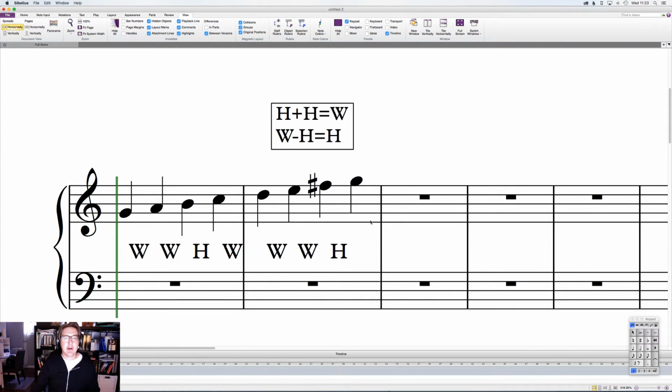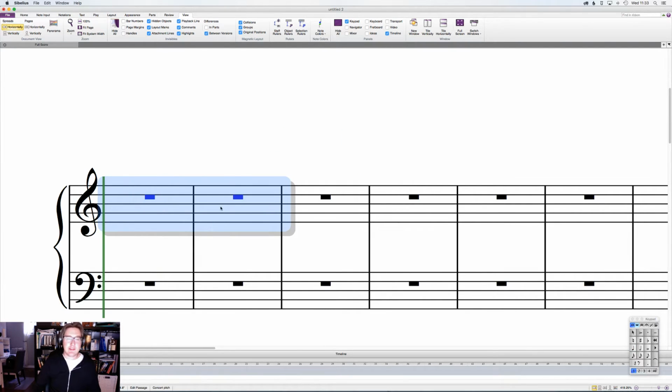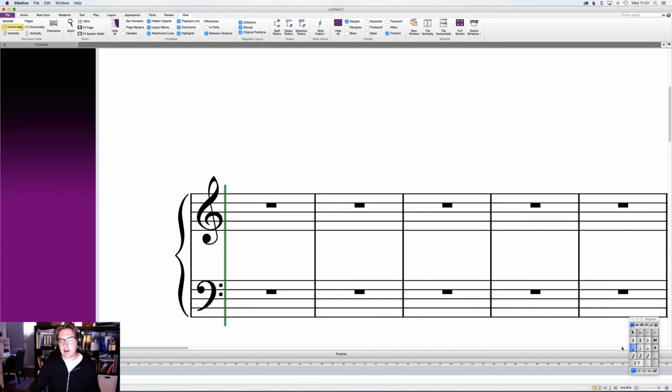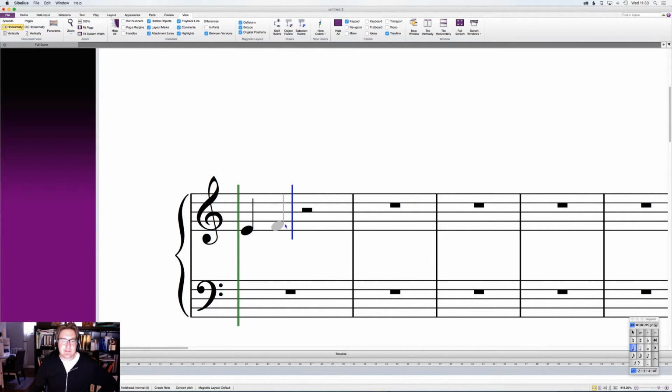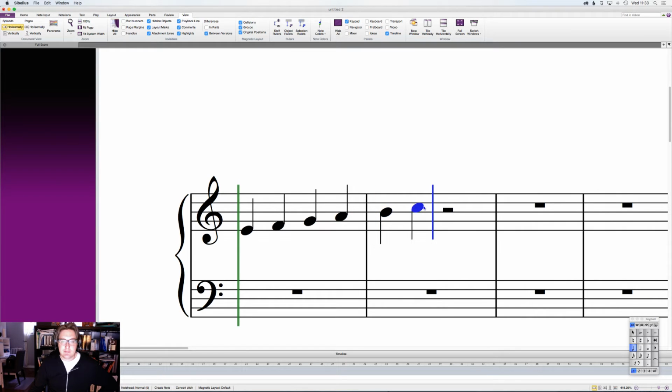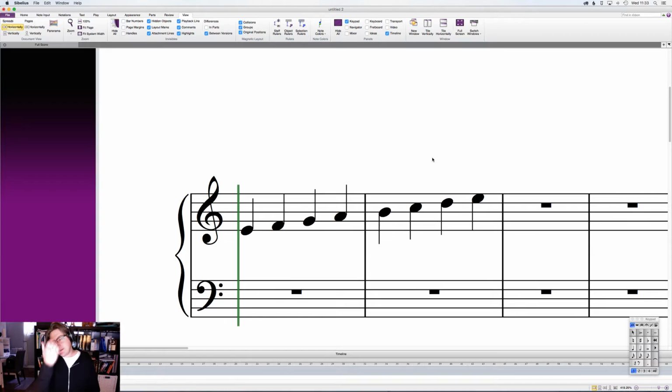Okay? Let's try a different one. Let's start our scale this time on, oh, I don't know, E. Now let me play what it sounds like right now when I just ascend from E to E. Notice, aurally, as in the sound of it, you can tell that the scale is not major.